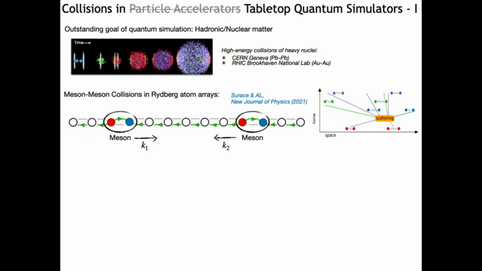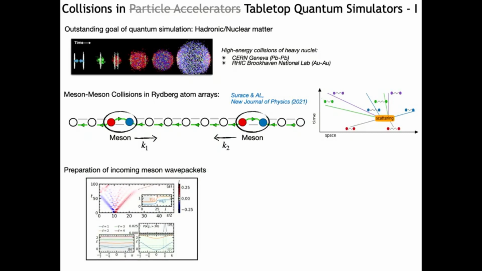I told you that this one-dimensional gauge theory has the property of confinement, so you only have bound states in the spectrum. But the distribution of the bound states emerging from the collision is in principle unknown, and is a completely non-perturbative calculation. What we have shown is that you can do this.